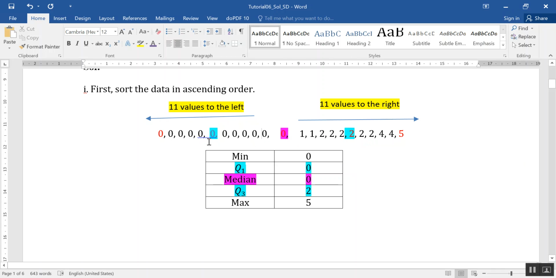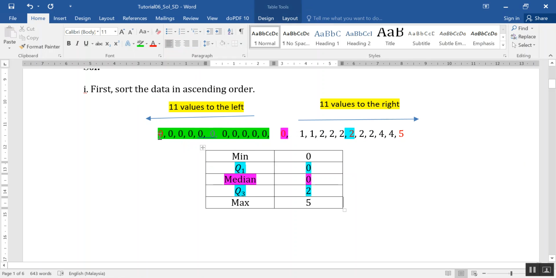In this case, this is the median, so the set of values below the median is this. Let me highlight it in green.